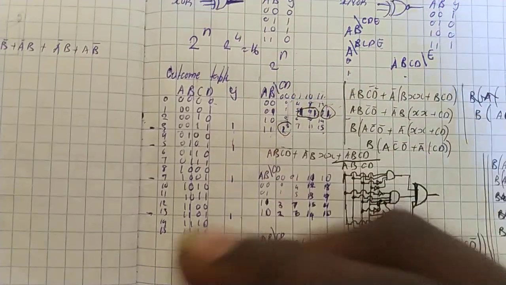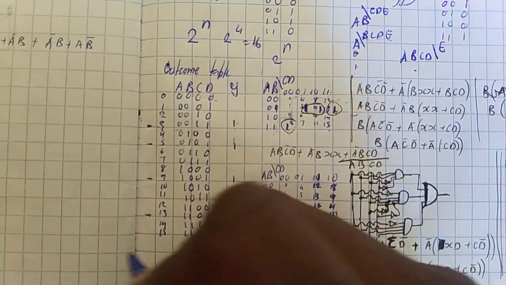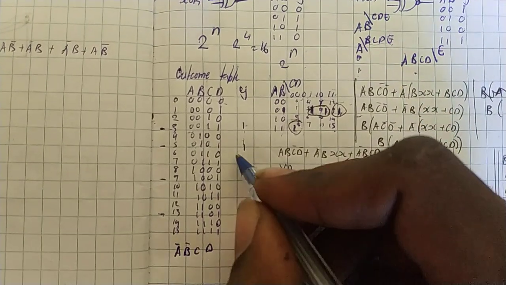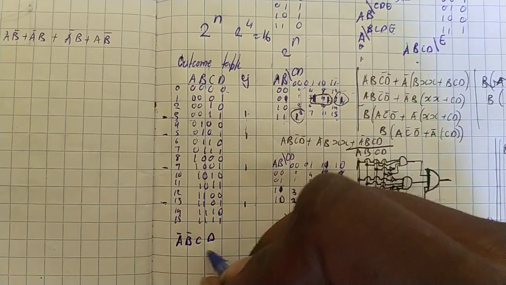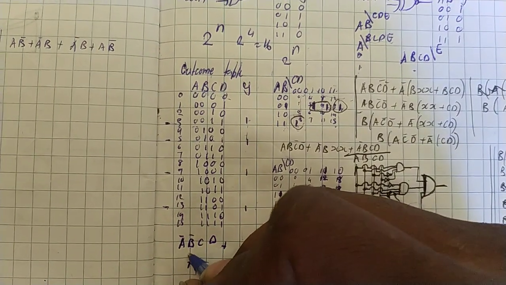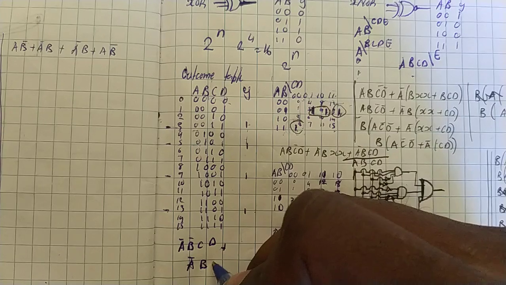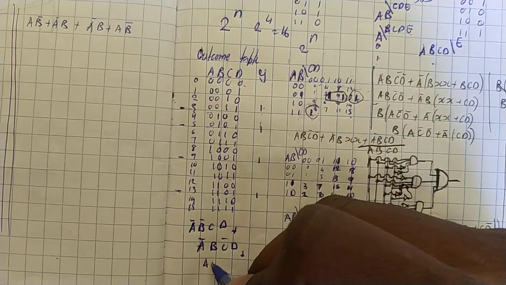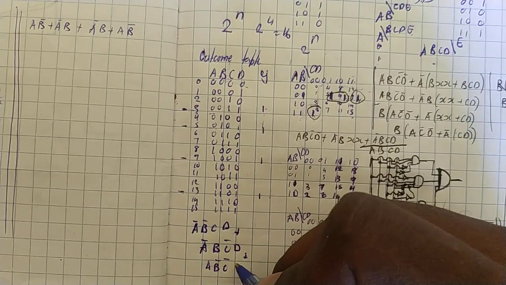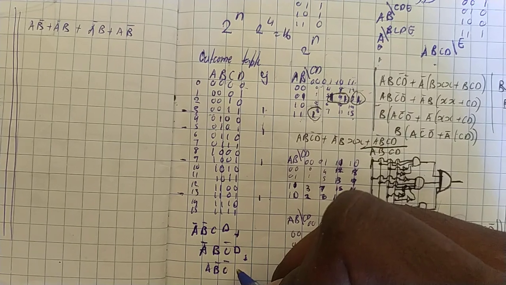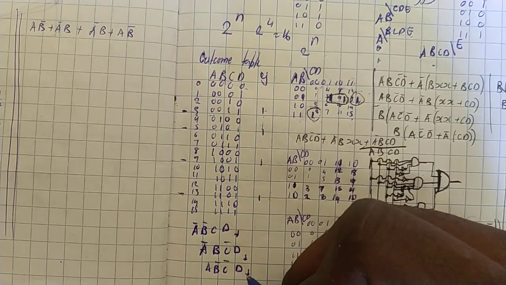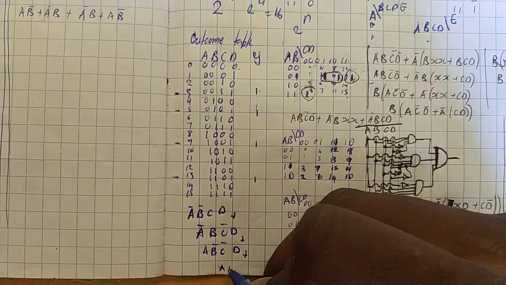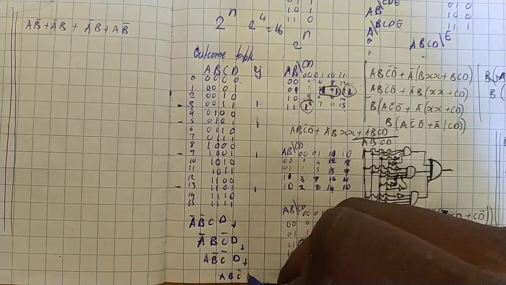The original solution is for you to say for position 3, it's A bar, B bar, C, D. Position 5, it's A bar, B, C bar, D, or position 9, A, B bar, C bar, D, or A, B, C bar, D.